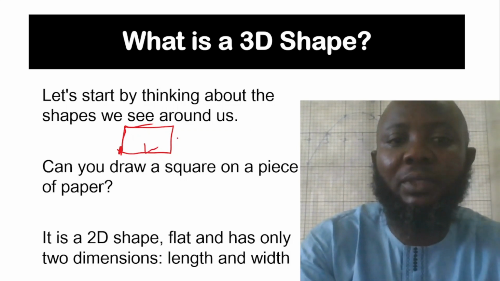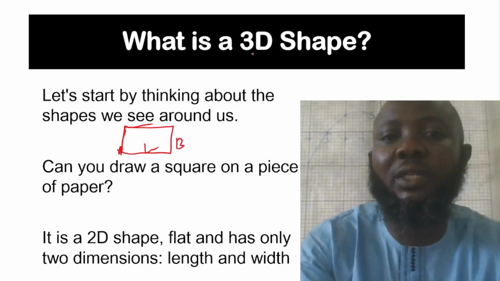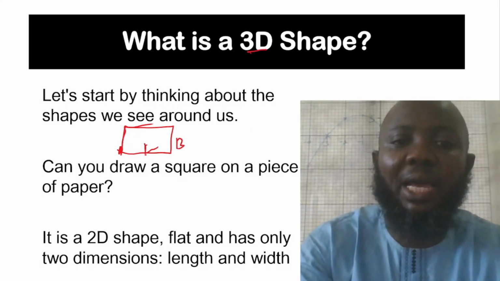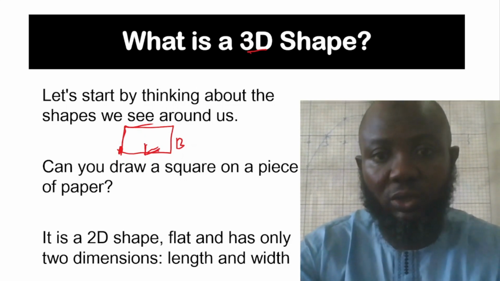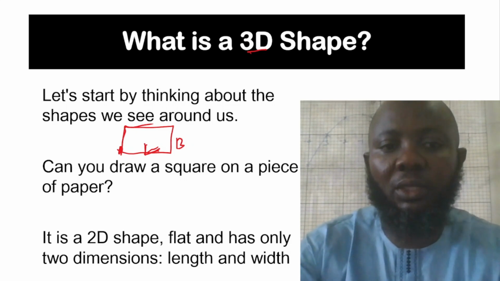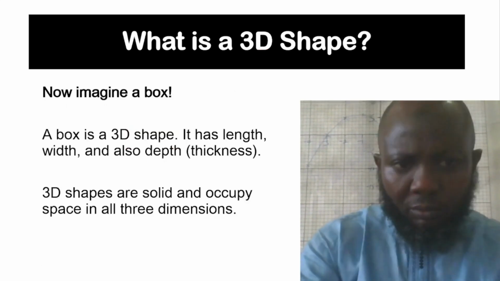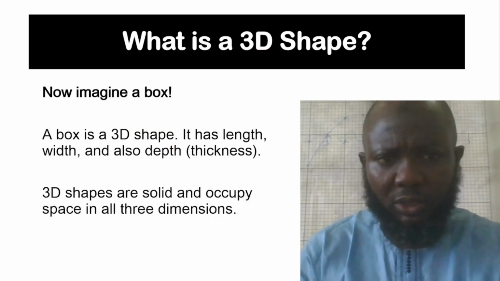But when we talk about 3D shapes, it must have three dimensions. But this has how many dimensions? Two. So that is why it is called 2D shapes.